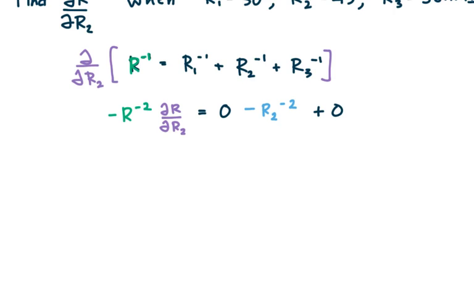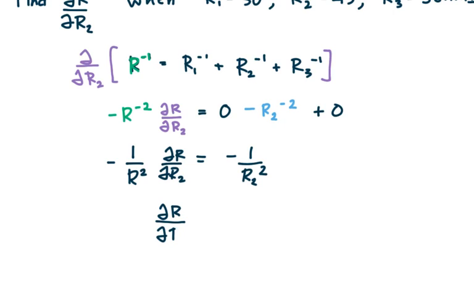So, cleaning this up just a little, I've got negative 1 over R squared, partial R sub 2 equals negative 1 over R sub 2 squared. So finding the derivative, I want to isolate, so I'll multiply by the reciprocal.